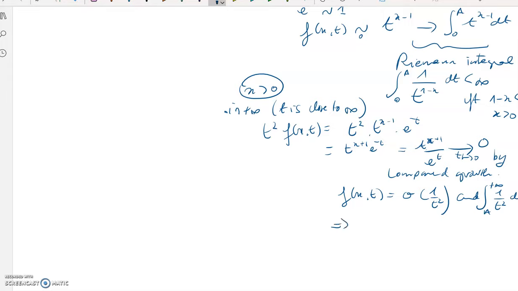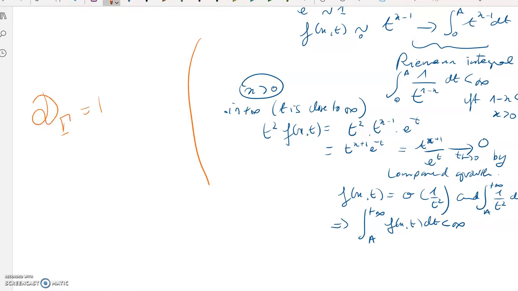We have also gotten rid of the problem at plus infinity. So let's sum that up. That tells us that the domain of the gamma function is equal to R plus star. Okay?